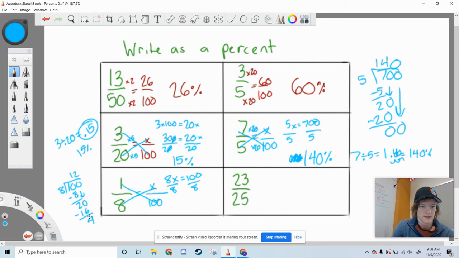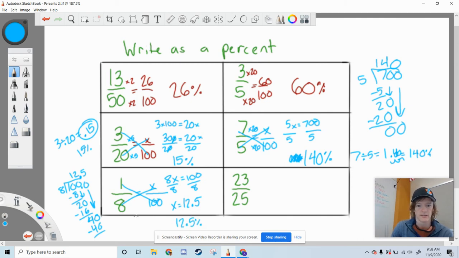Subtract, that's 4. Bring down another 0 and put a decimal there. That's 40. 8's in 40 is 5, and that's going to come out even. So we get 12.5. And that's what x is. So x equals 12.5. So it'll be 12.5%.